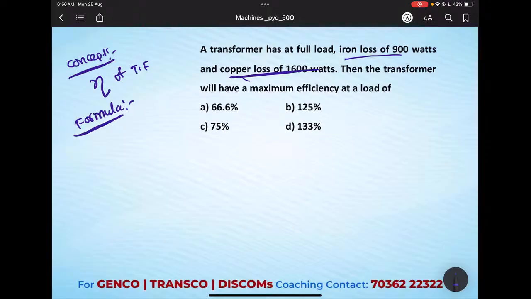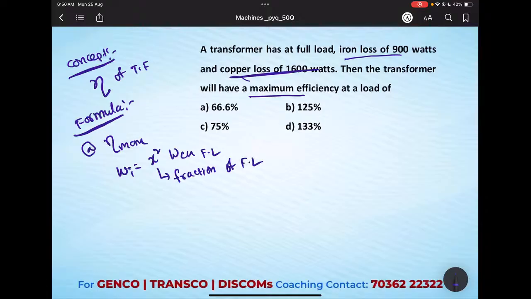We know at maximum efficiency, iron losses is equal to x squared times the full load copper losses, where x is the fraction of full load. They are asking the parameter x. So from this formula we can calculate x equal to square root of iron losses by copper losses.